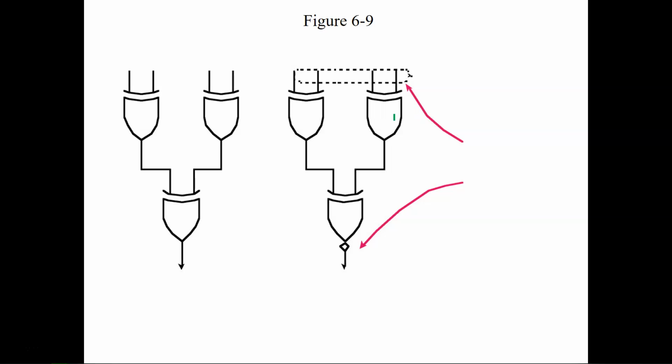Okay. So when we have exclusive OR gates, what are we looking for?